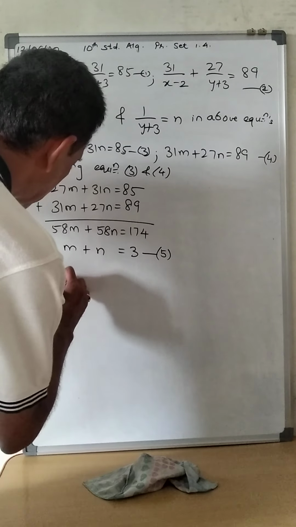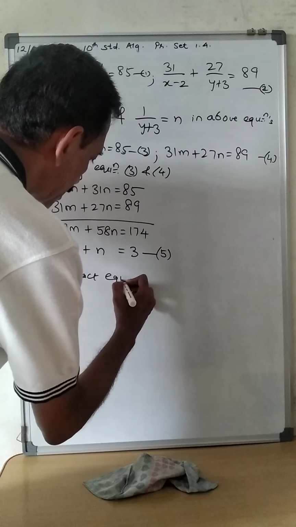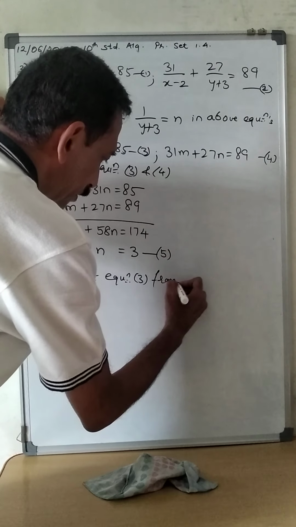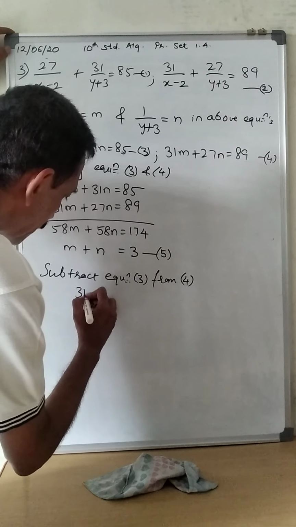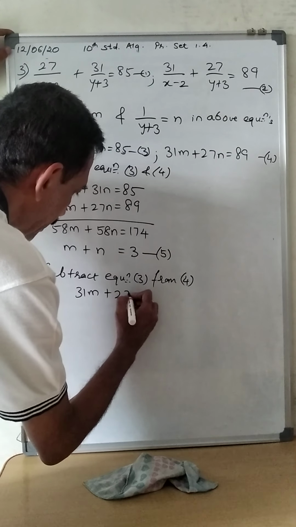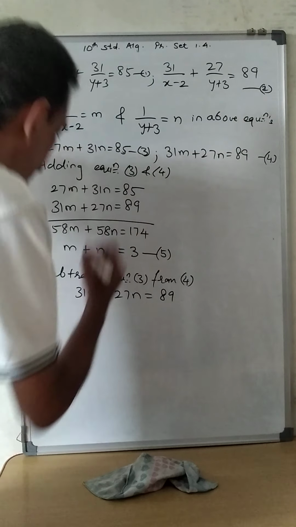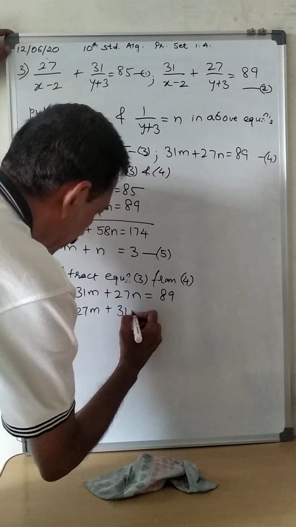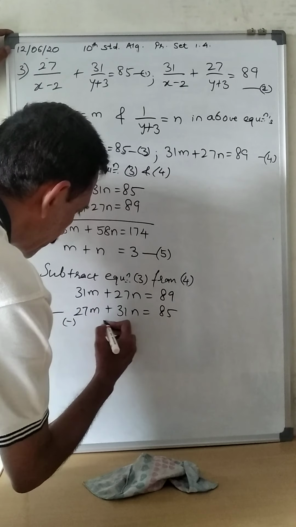Now we subtract equation 3 from 4. So we write the equation 4 first: 31m plus 27n is equal to 89. Then we write this equation: 27m plus 31n is equal to 85. And we subtract.